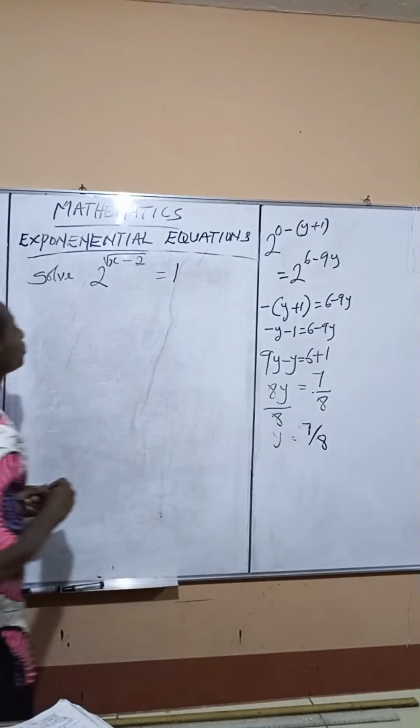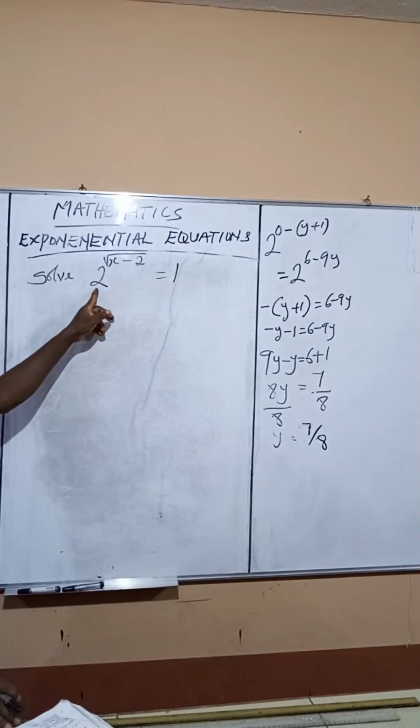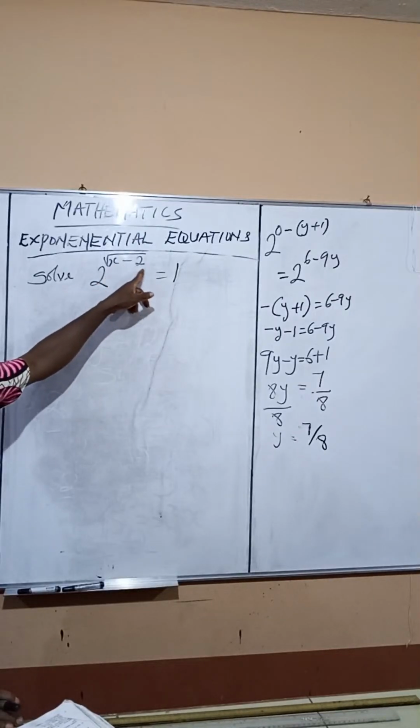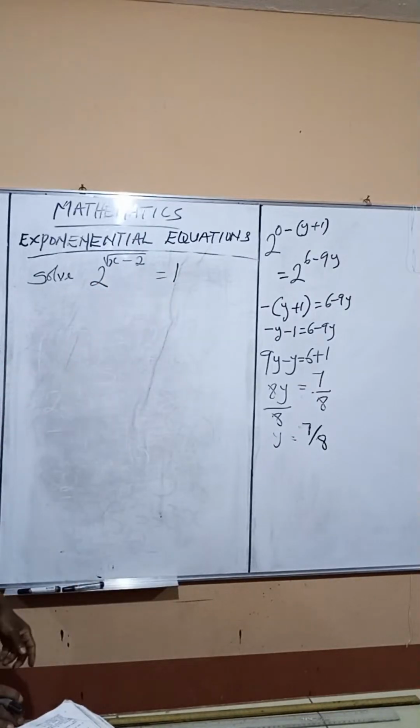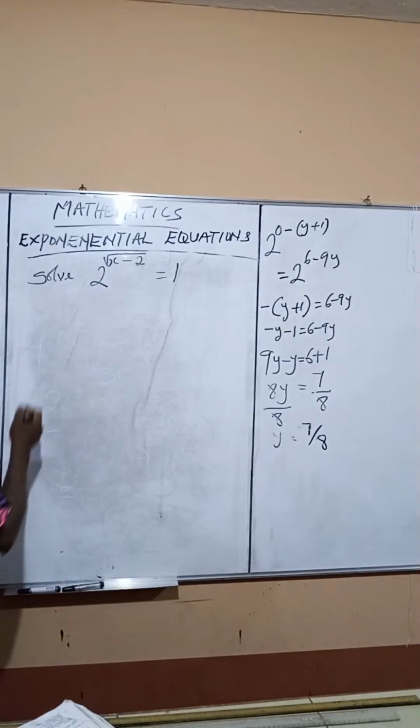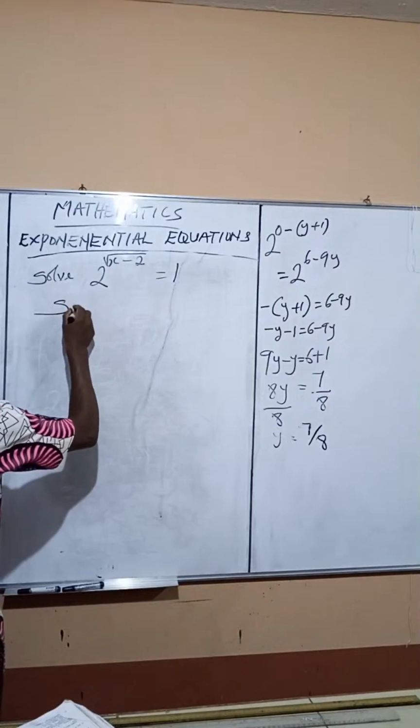So we are solving this one: 2 raised by x minus 2 equals to 1. Right? So let's proceed without wasting much time.